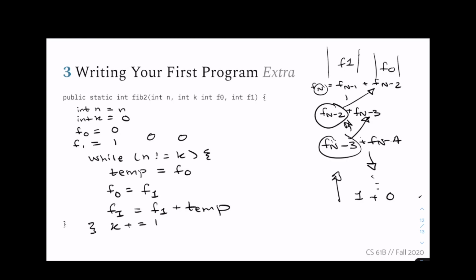That means we never even do anything in this while loop. So what we would want is to return f0. If we're trying to do the first Fibonacci number, then n is equal to 1 and k is equal to 0. So in this case, we will have swapped the f1 and f0 at this point, so we would want f0 again to be returned. And you can try a couple more numbers if you're still unsure, but the answer is you want to return f0.